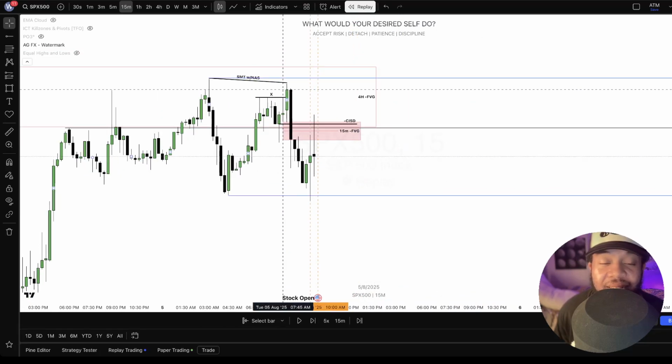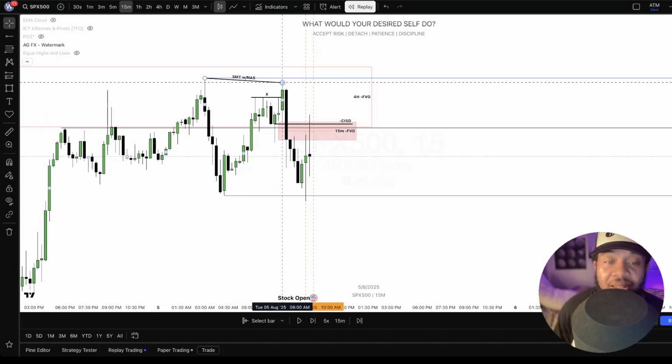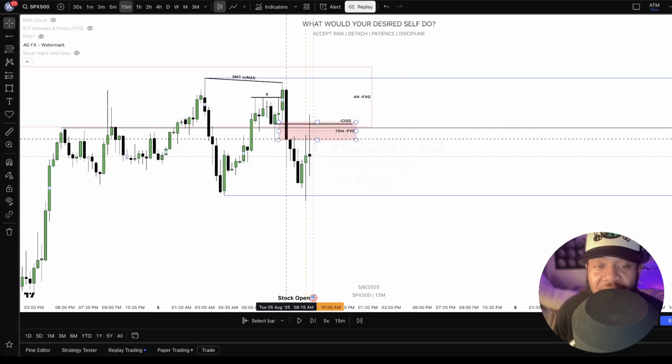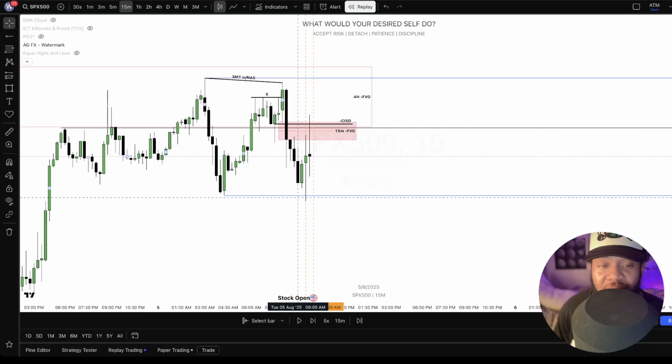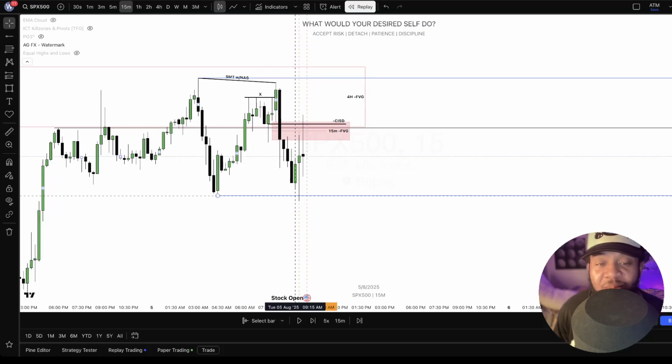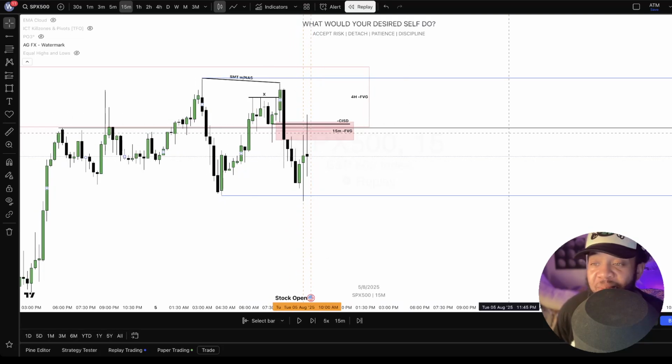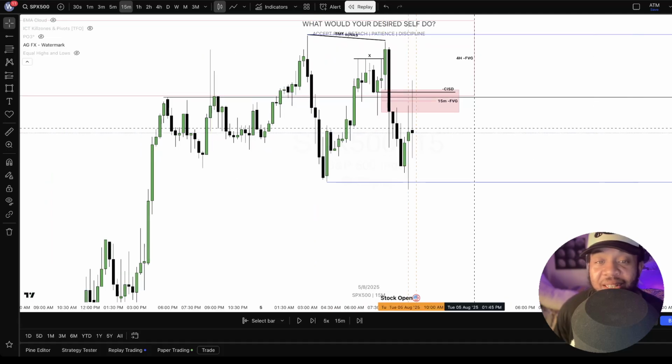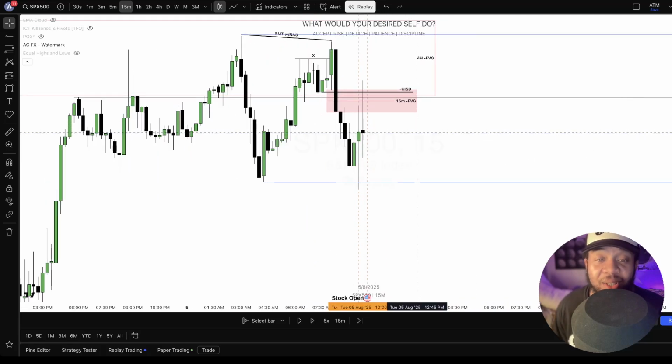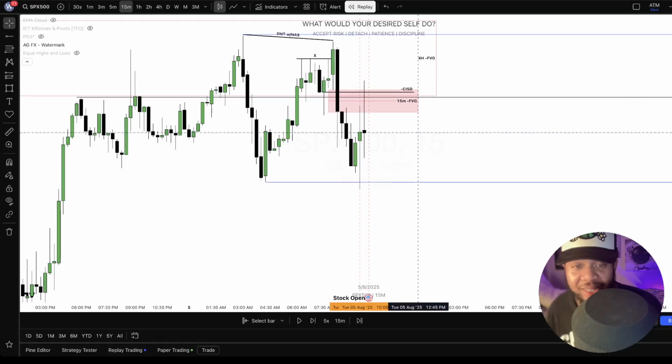So now we can see it looks a little more clean. Now we can see the sweep, CISD, break of structure gap. We come down, sweep London low, we come up, now we're respecting this gap. So really this move was just a retrace for the real move. That's something else I learned. Sometimes your POI, your point of interest move, your A+ setup might be a retrace.